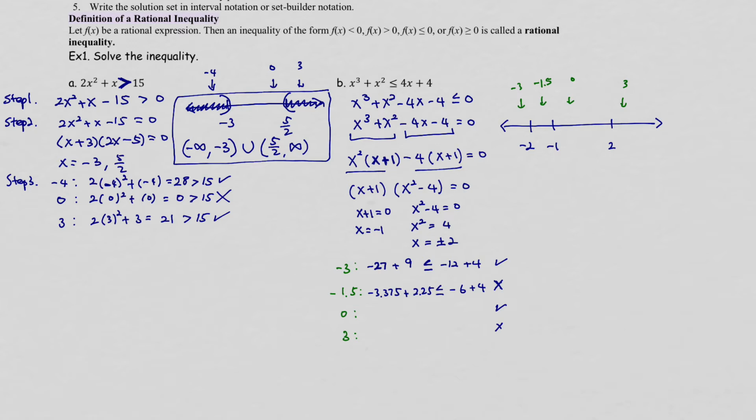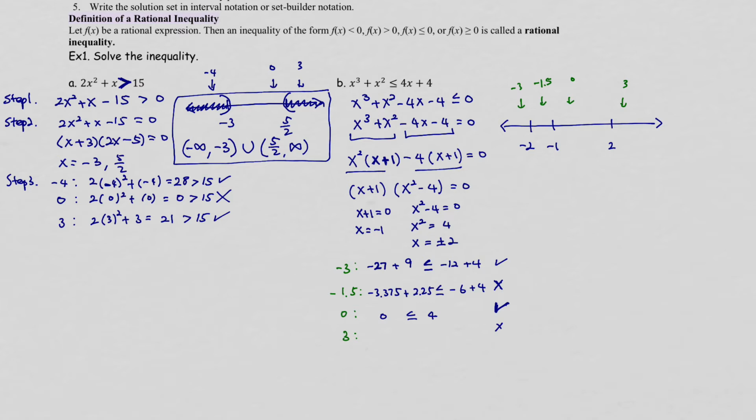What about 0? If it's 0, the left side will be 0. The right side should be 0 plus 4. So 4 is greater than 0, so that works out. And we knew that would work out.